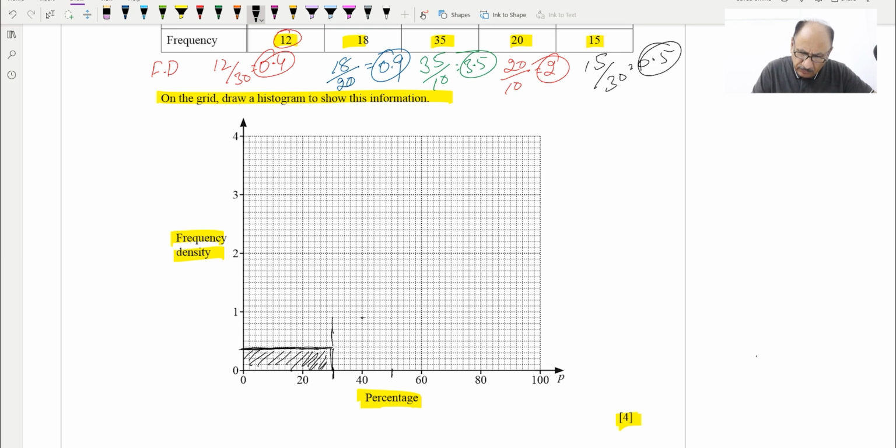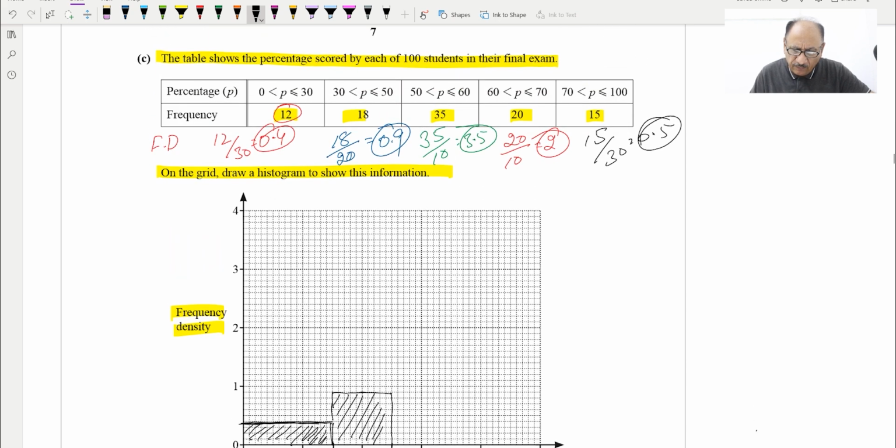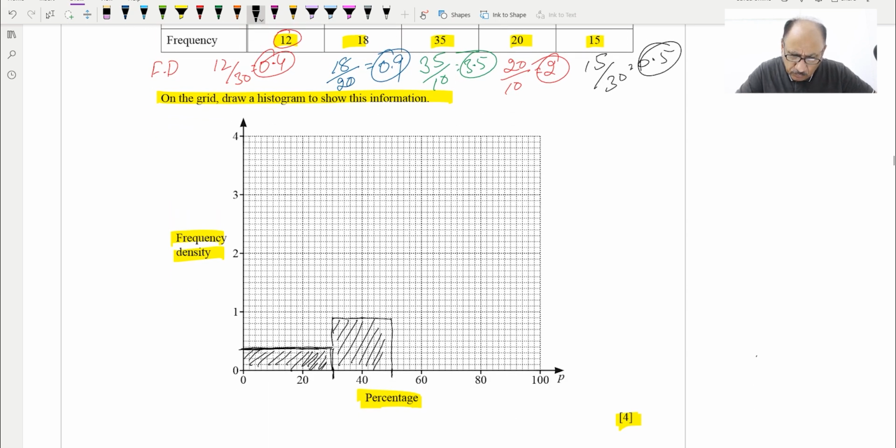So we can draw 0.9 up to this one, and next, 50 to 60 is 3.5. So for 50 to 60, 1, 2, 3, 4, and 5, up to this one.